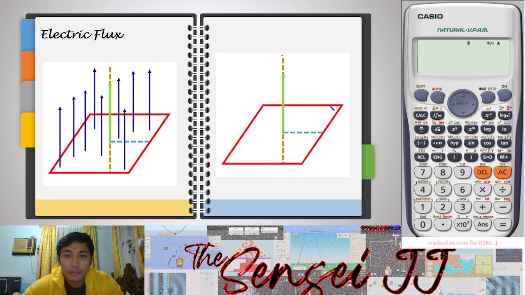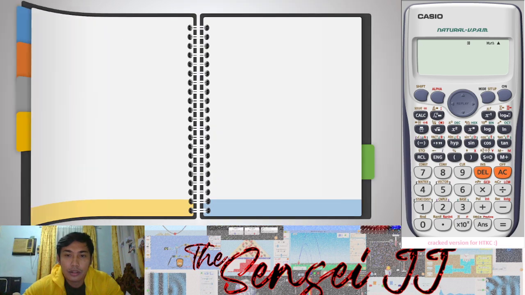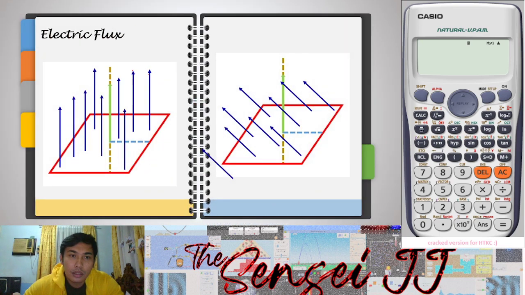Now, if our electric field lines pass through at an angle, you will see here that we have 1, 2, 3, 4, 5, 6, 7, 8, 9, nine electric field lines passing through our first drawing. However, when we made it angled, it entered at an angle, like it bounced. Not all are perpendicular.